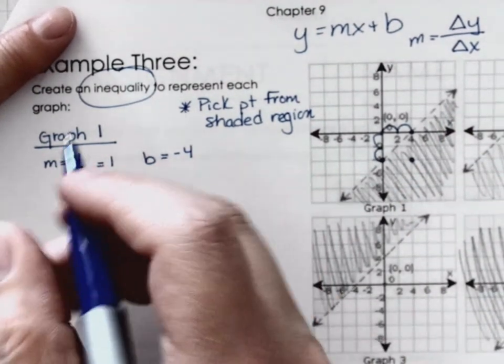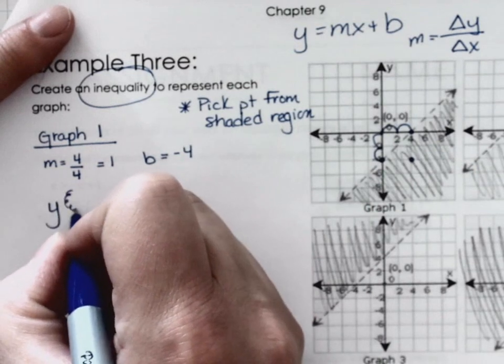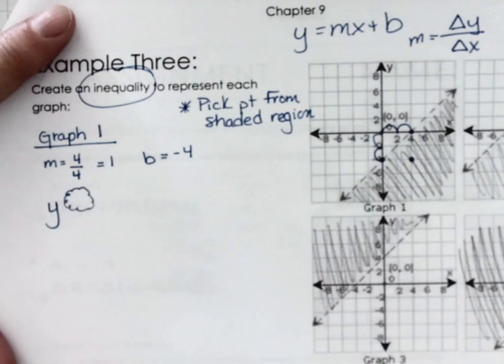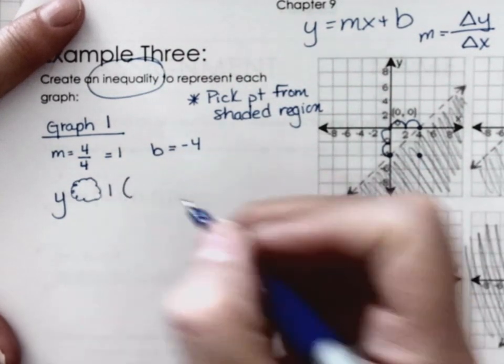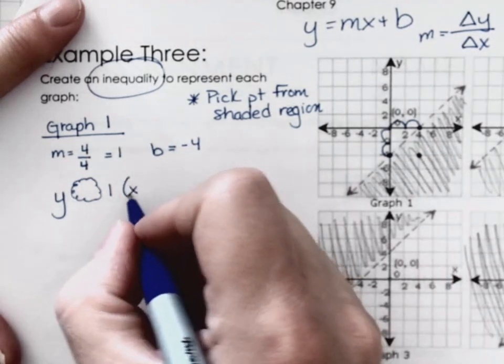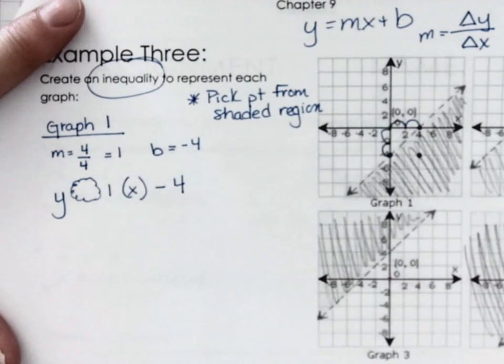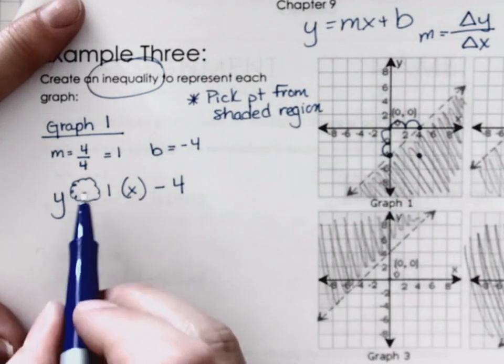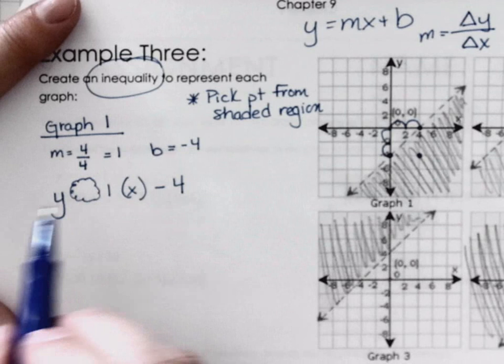All right, so we're going to put it together. We're going to have y, and a big fluffy cloud because we don't know what our inequality is right now. We're going to have 1 times x, and then our b is subtract 4. The big fluffy cloud is us figuring out, is it greater than, less than?